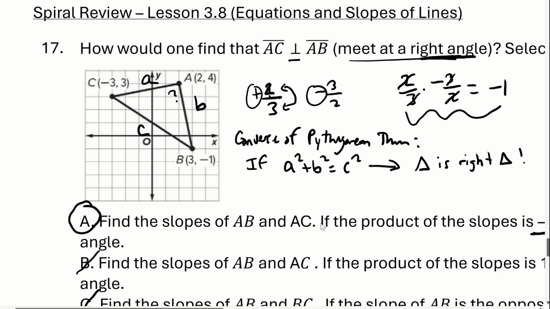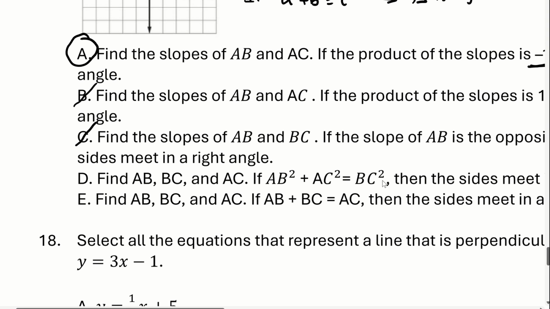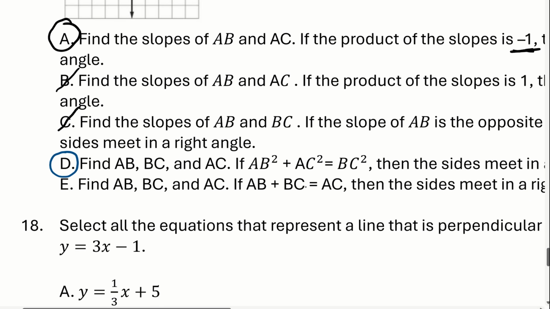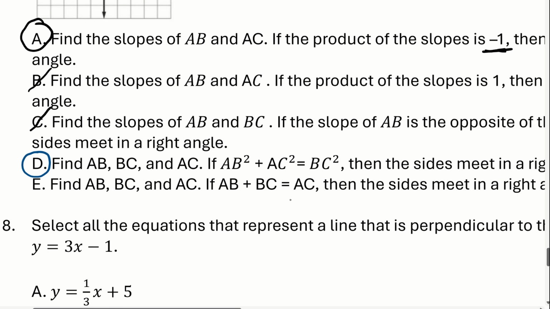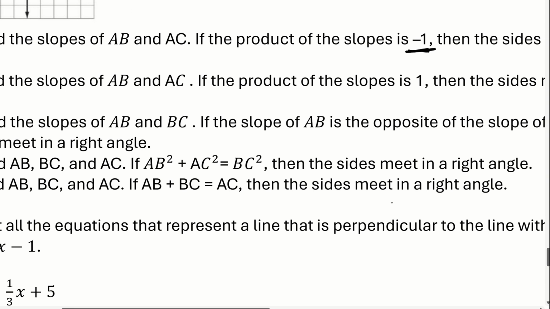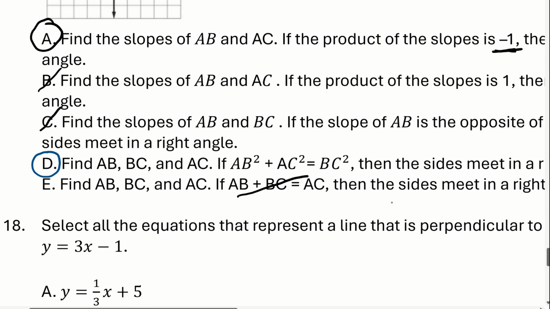A squared plus B squared equals C squared. That's the same thing that we were just talking about, so that's got to be that one. All right, then the next one: if AB plus BC equals AC, then the sides meet in a right angle. No, it has to be squared for the Pythagorean theorem. So it's not E. So it's got to be A and D.